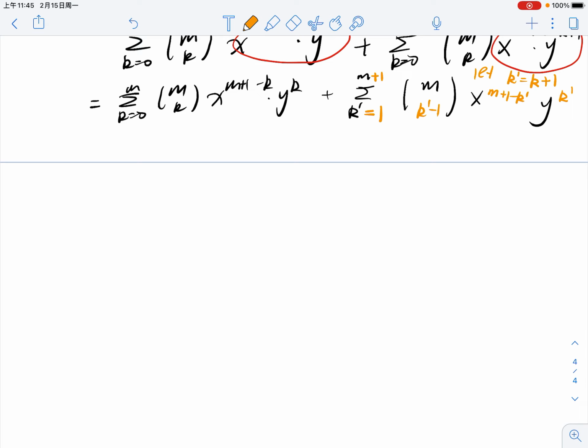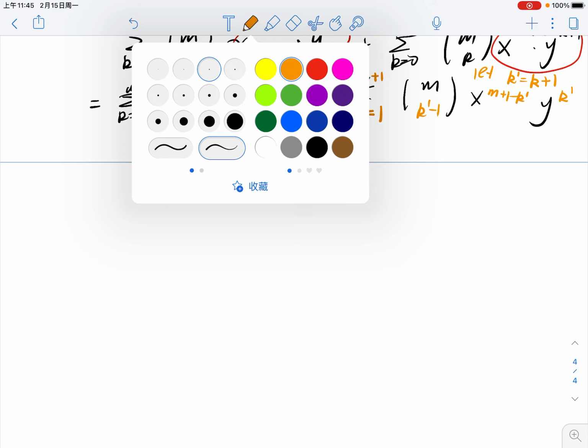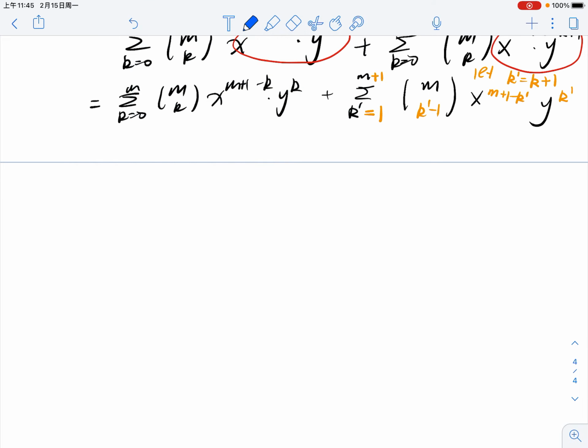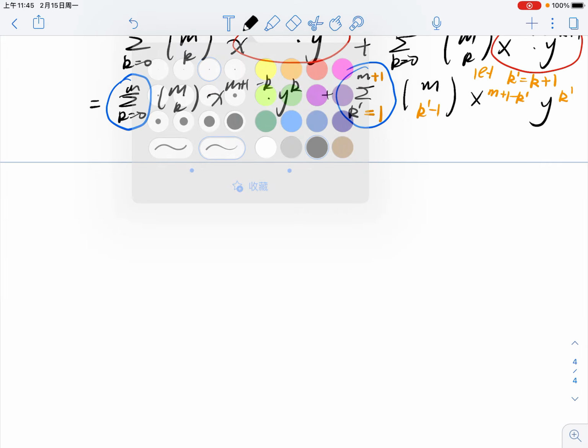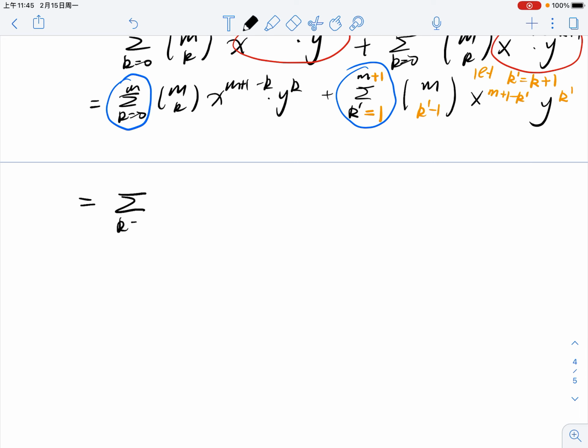Okay, and the items now are similar, but the only possible problem is the range for k is different. Here k is from 0 to m, for k prime it is from 1 to m plus 1. And then next we extend the region to be from 0 to m plus 1. So what will we have? Fortunately, we have the same formula.